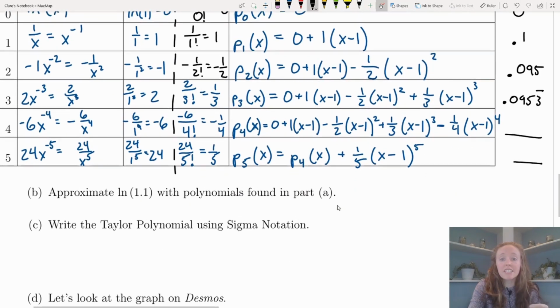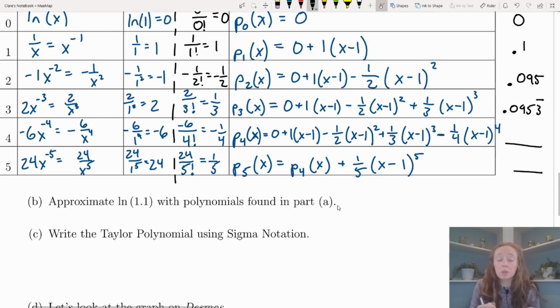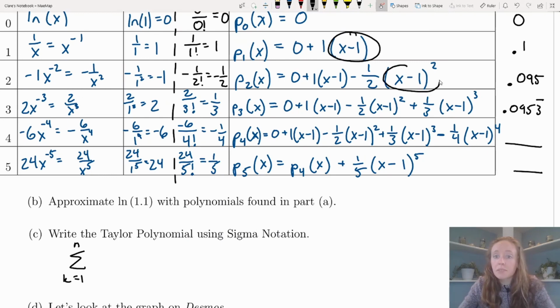So we're going to write this Taylor polynomial in sigma notation. Now, because when we had a degree of 0, that term was 0, as opposed to starting at k equals 0, I'm going to start at k equals 1. And we're going to go up to some n. Now, in each of these terms, we have x minus a, which is x minus 1, and the degree of that increases along with k.